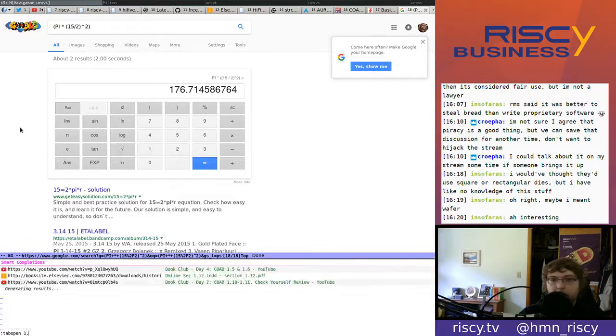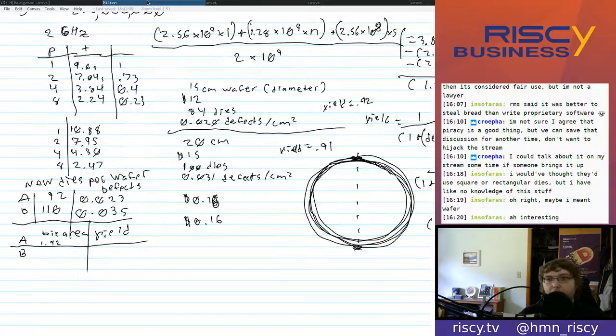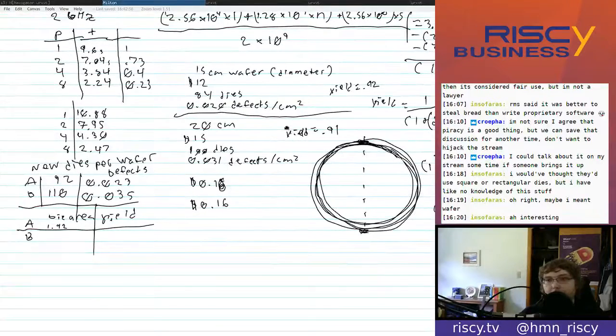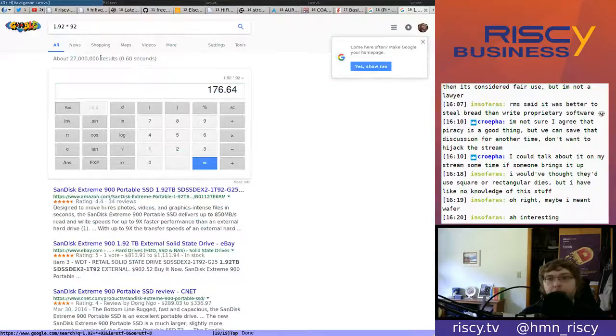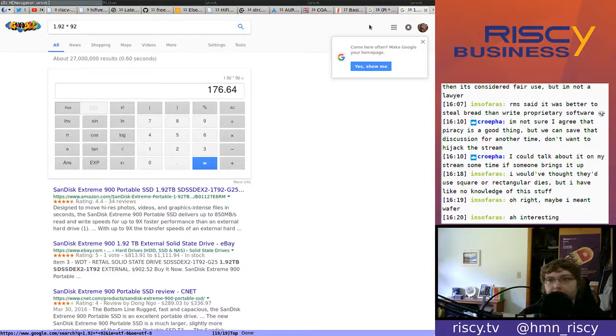And then we're saying 1.92 times, what was it, like 92? Of course, that's using the assumption from the previous one, isn't it? Or no, the die area doesn't depend on the previous calculations, does it? So that gives us 176.64.